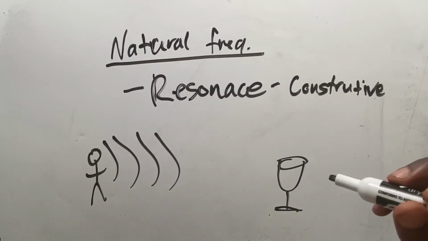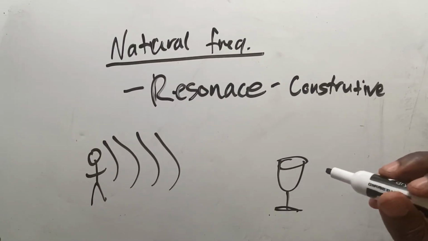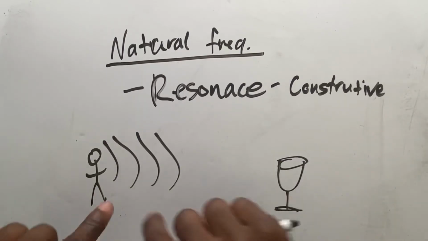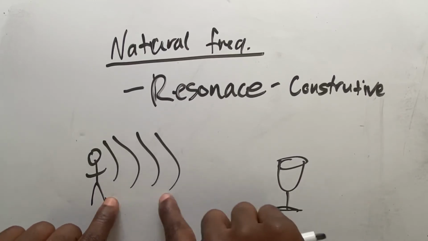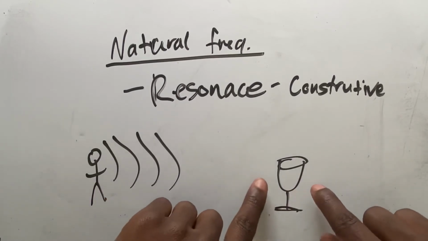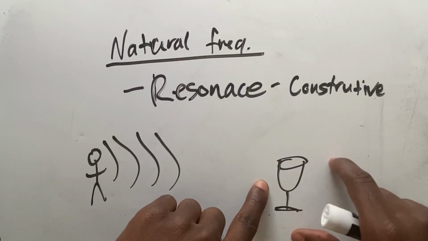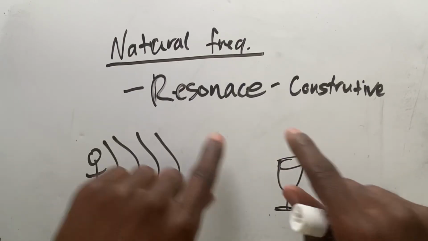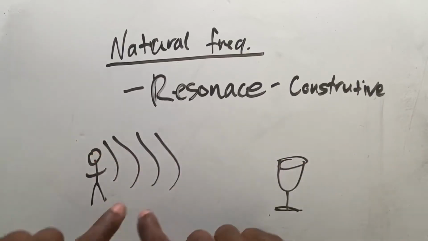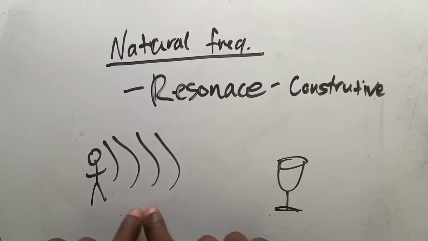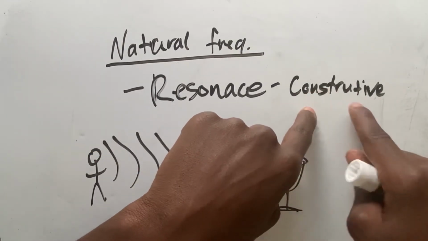So when this wave interferes with the waves inside of this wine glass, resonance happens when they interact constructively.